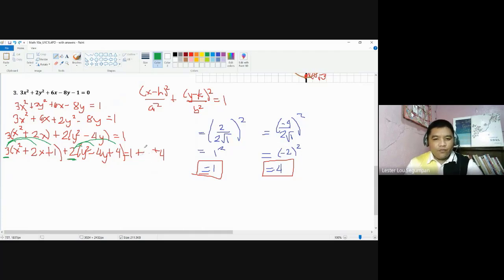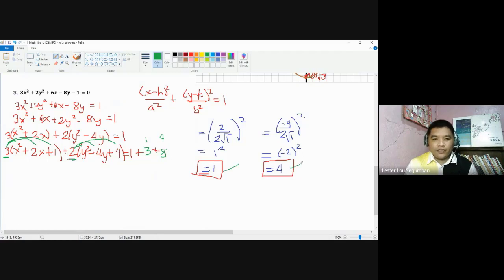Similarly, for the value for this y group here, it's not 4 because there is a constant outside which is 2. And if we do return it, it will become 2 times 4. And it's not actually 4, but it's rather 8. Again, I repeat, it's not 1 and 4 here.